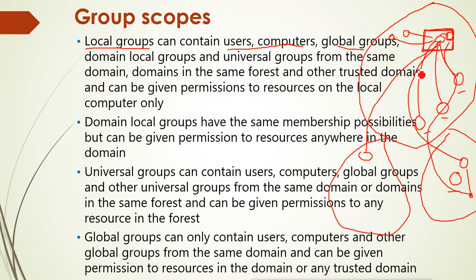Then we have domain local groups, and they have the same membership possibilities. That means if we have a domain local group here, it can have members such as global groups, universal groups, and also groups from the other domains in the same forest. This domain local group can be used to give permission on the resources within the domain.